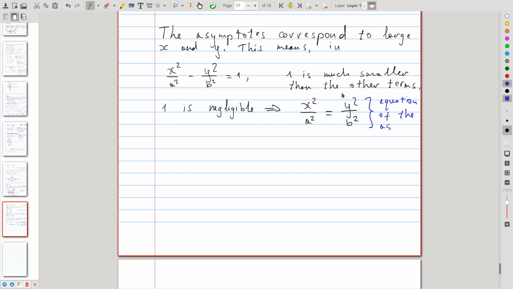In other words, it's an equation of a pair of lines. Right? So to see that, you just have to solve it. And if you solve it, you have the following.